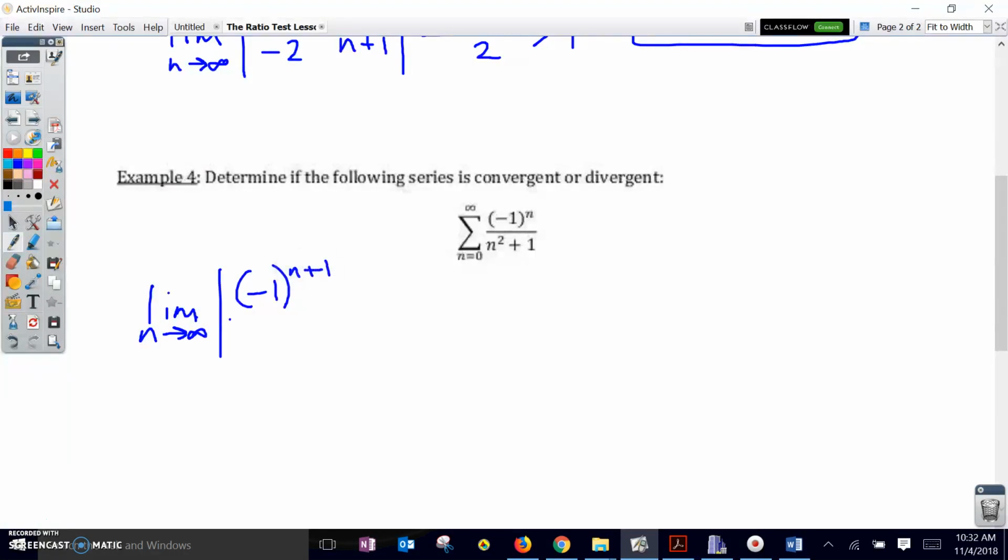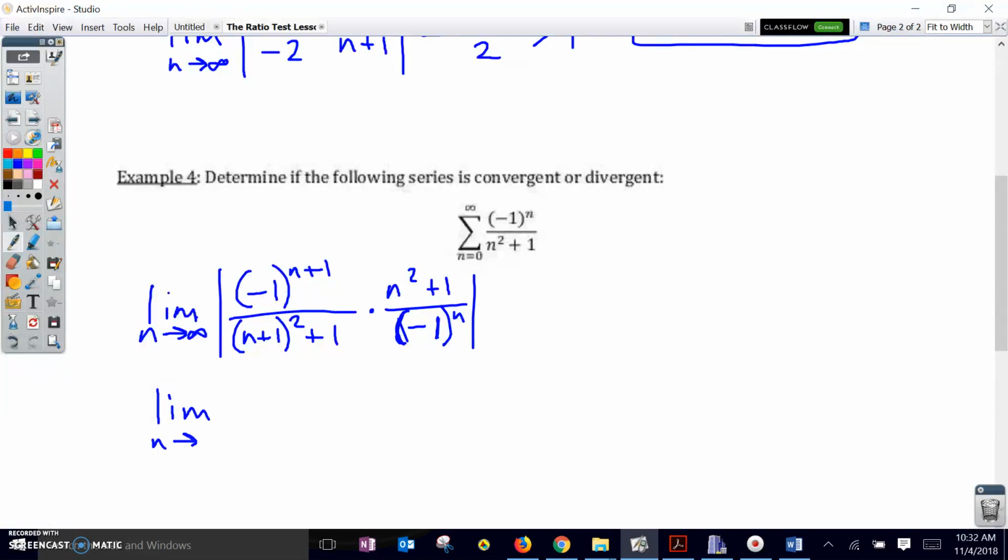Let's determine if this series is convergent or divergent. This turns into the limit as n goes to infinity of negative 1 times n squared plus 1 over n squared plus 2n plus 2, doesn't really matter.